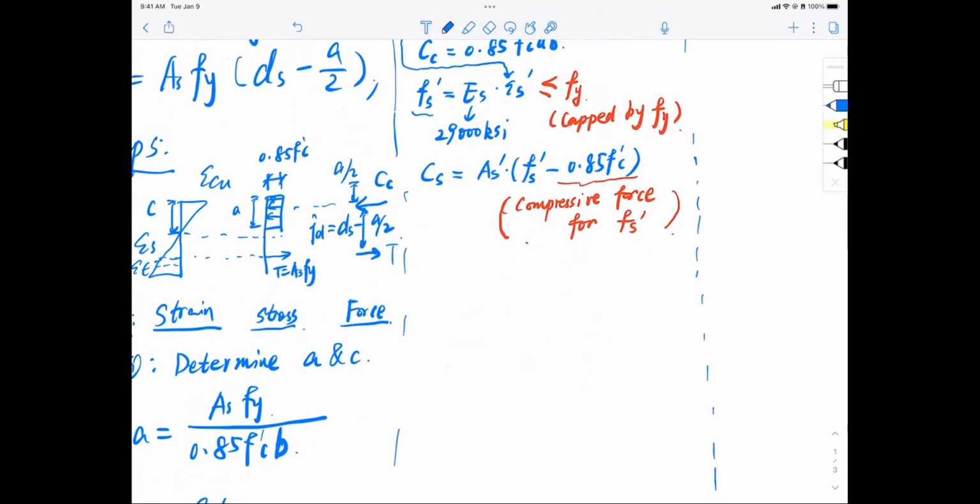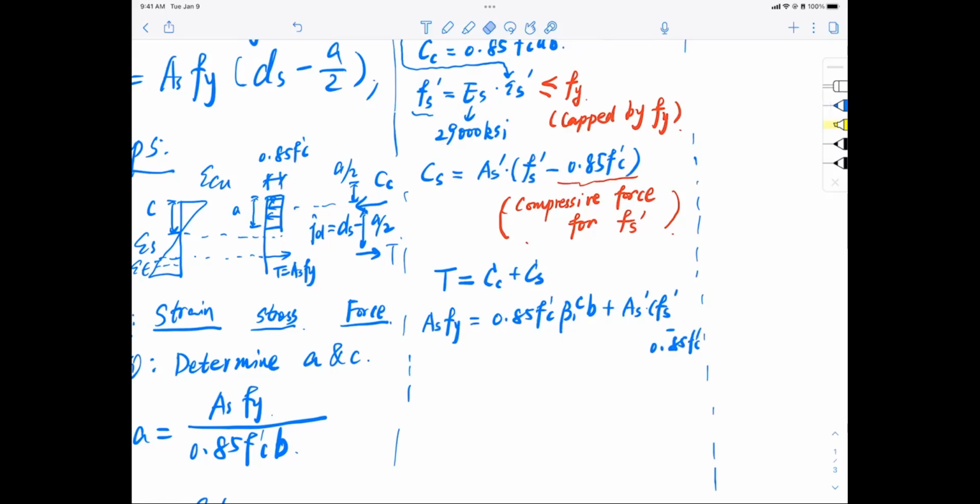Now, don't forget the tension. The total tension force is equal to the compression force of the concrete added to the compression force of the steel. So As fy equals the concrete compression 0.85 f prime c, and let me write it out in terms of c, that is beta 1 c b, plus As prime multiplied by Fs prime minus 0.85 f prime c.